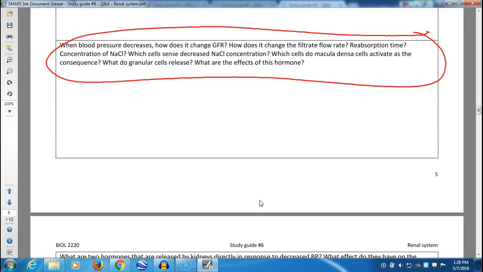So we got this again. Remember, when blood pressure goes down, the rate of filtrate formation goes down, therefore reabsorption time increases because it flows slower, which means sodium chloride levels go down, and macula densa cells will send a signal to the granular cells to produce renin.